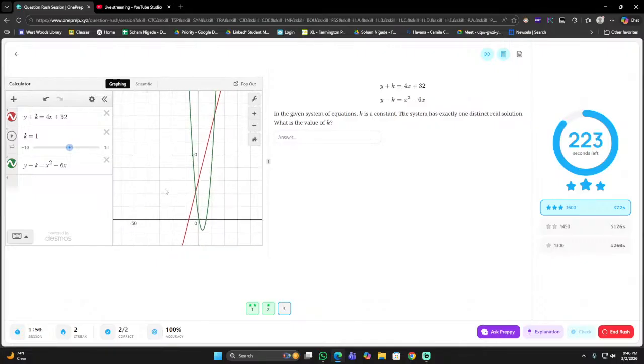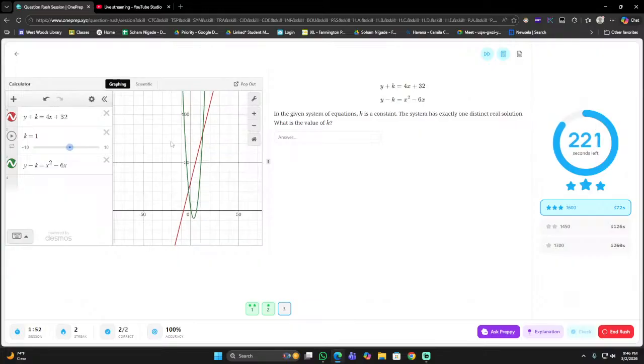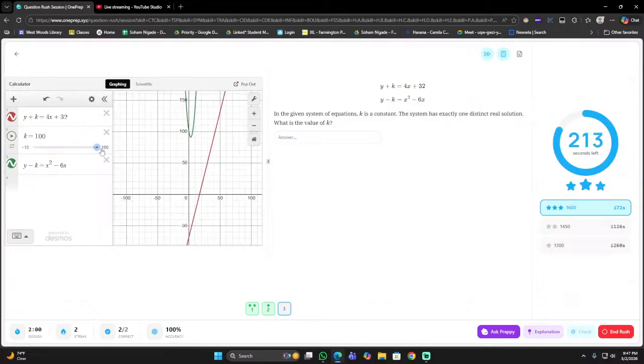Exactly 1. That means it has to be like negative. Hundred is no solutions, right? You can see where it's 1.